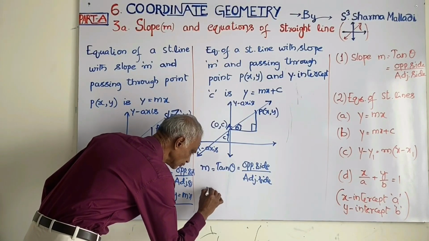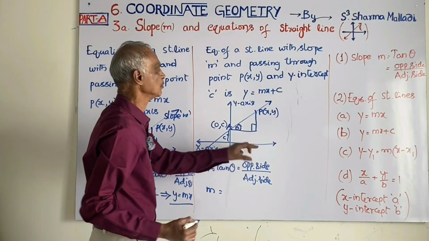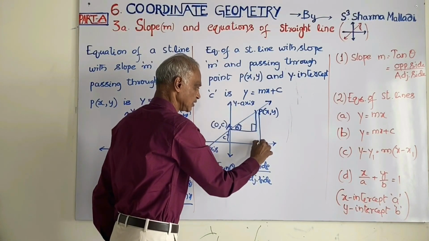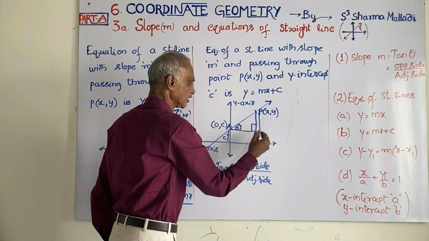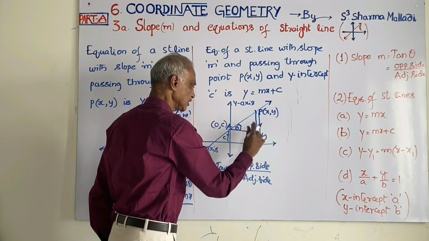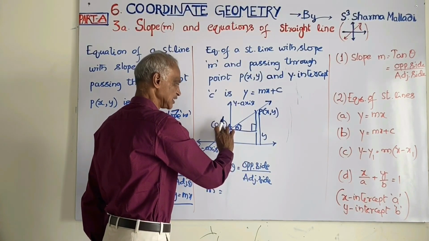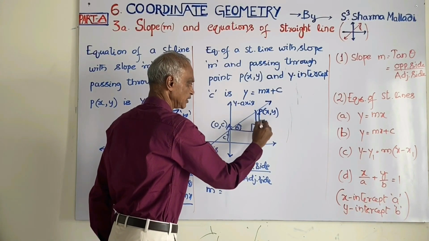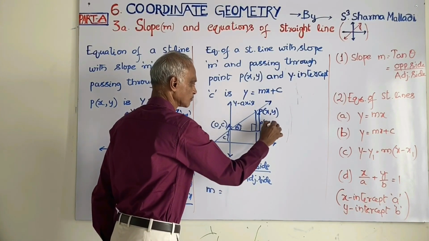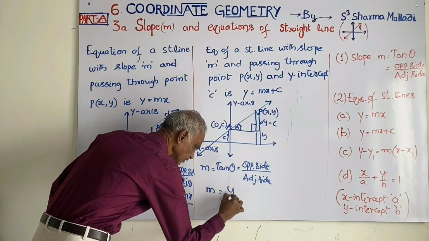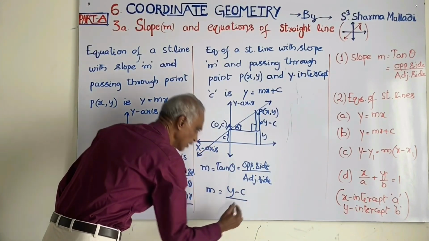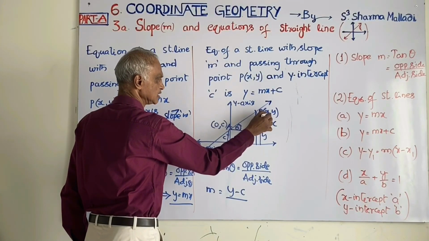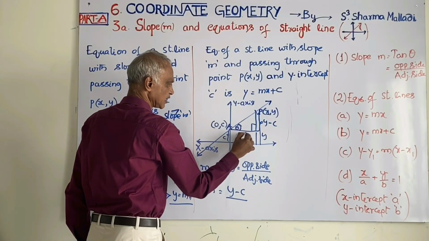m is equal to, what is opposite side here? This perpendicular distance is y, and from this we have to subtract c. This distance will be y minus c. Opposite side will be y minus c by, what is adjacent side? We take it from here, that is x. Adjacent side is x.